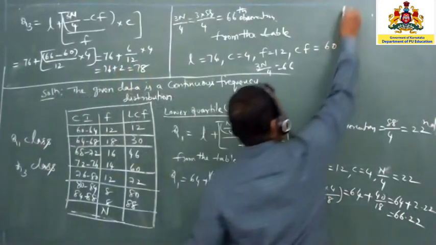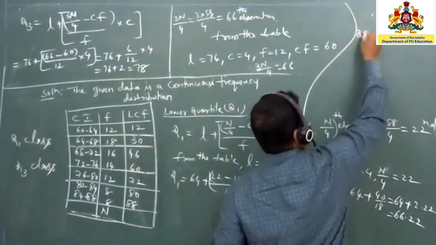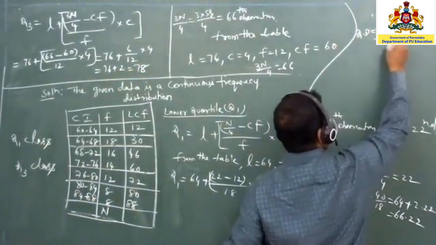Therefore, I'll complete QD. QD is Q3 minus Q1 by 2.